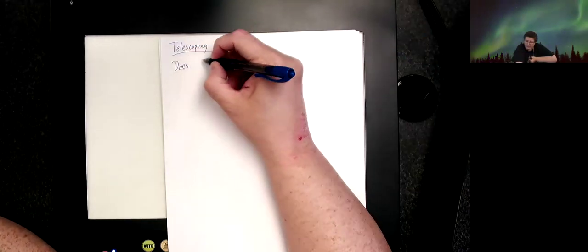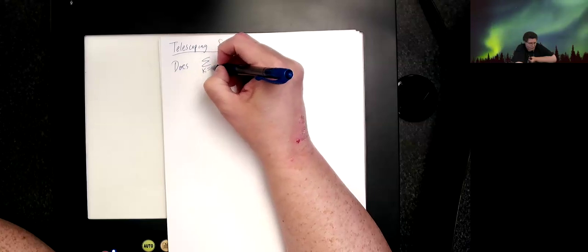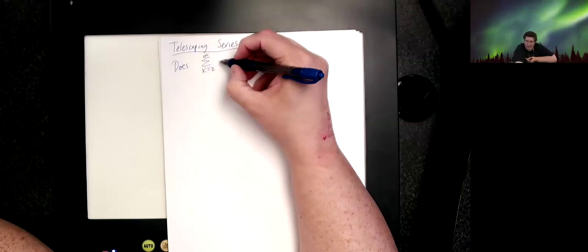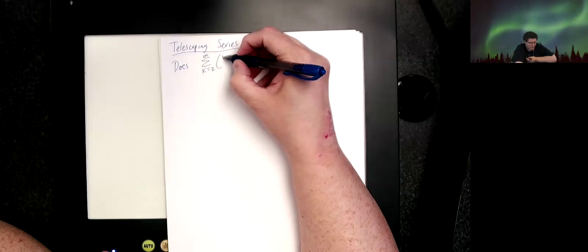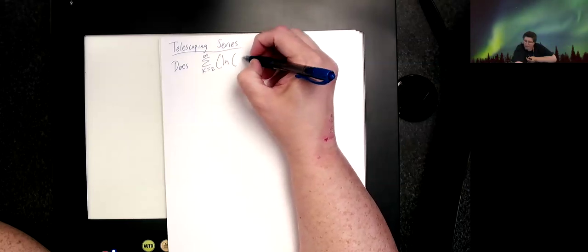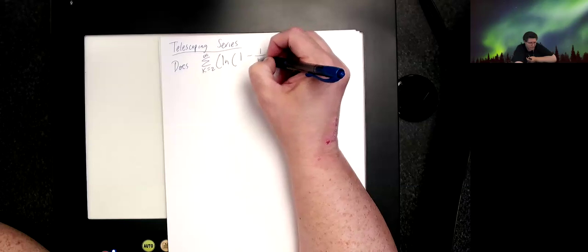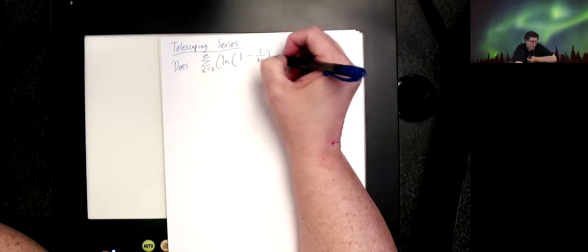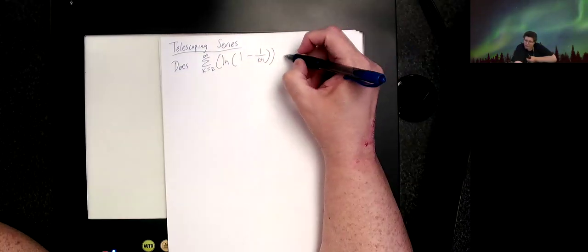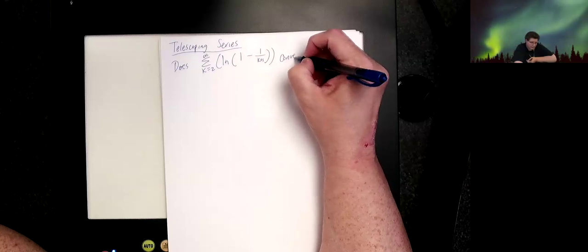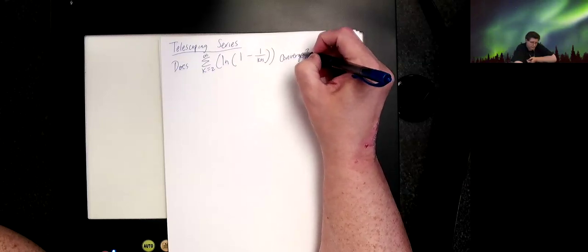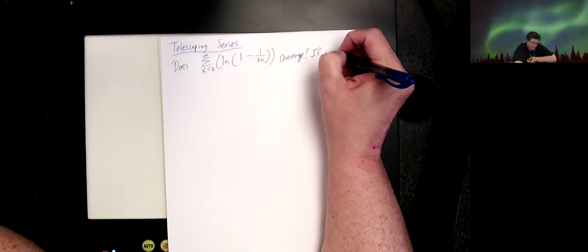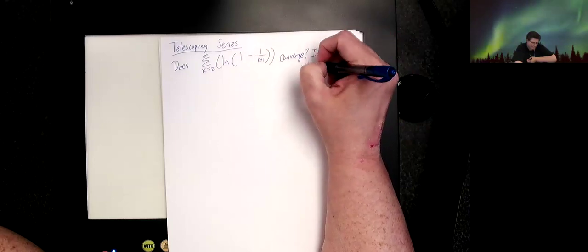Does the summation of k equals 2 to infinity of the natural log of 1 minus 1 over k plus 1 converge? If so, to what sum?